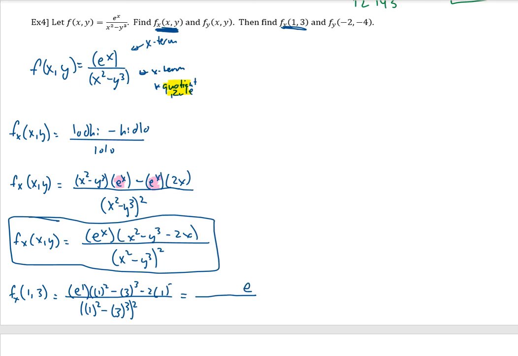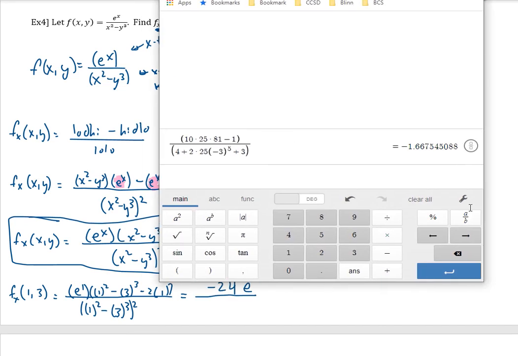But let's simplify what we have in this parenthesis. So 1 squared is 1, minus 27 would be negative 26, minus another 2 would be negative 24. So negative 24e. And then down below, let me go ahead and just use the calculator real quick on it. Okay, so 1 squared is 1, minus 3 cubed would be 27.